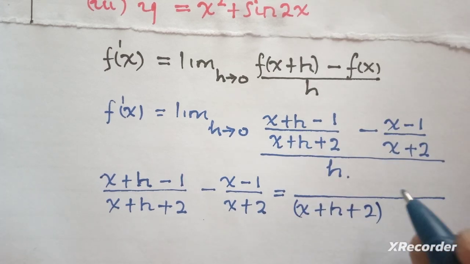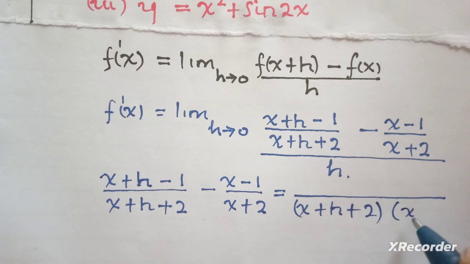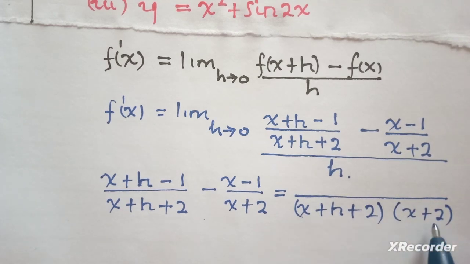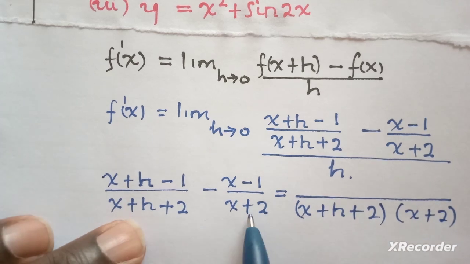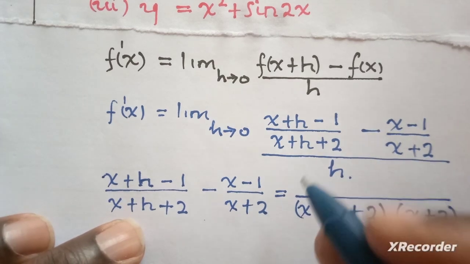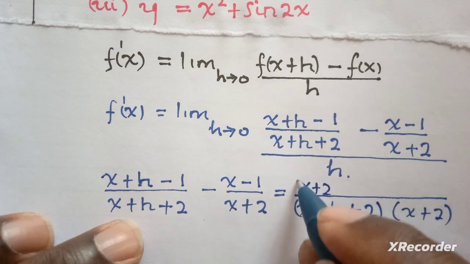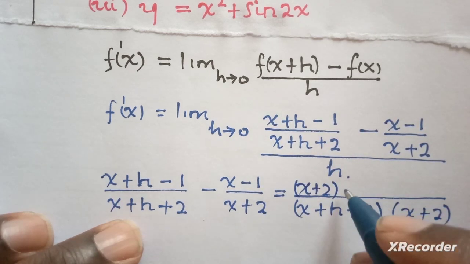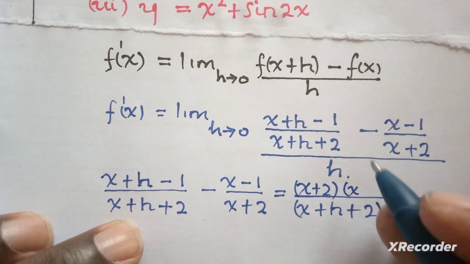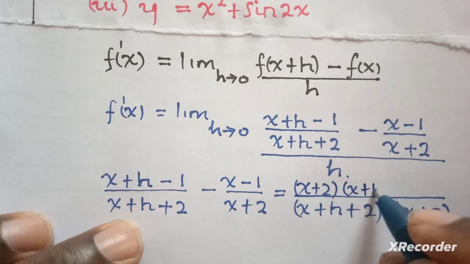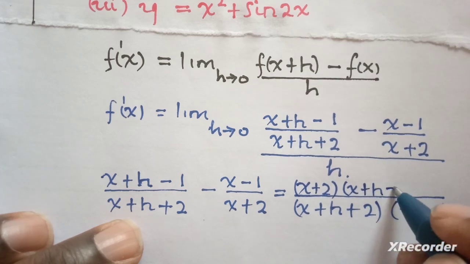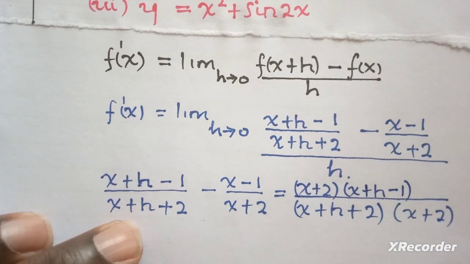And then I take x plus 2, like that. So this, when you divide by that, you get this. So it will be this, x plus 2. Now multiply by that. We are just doing the way you could do with the fractions, like that.